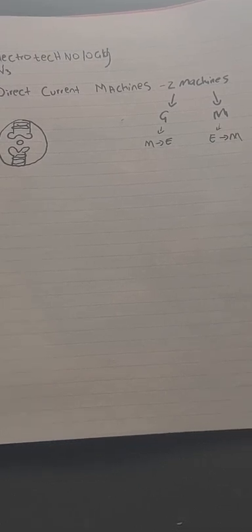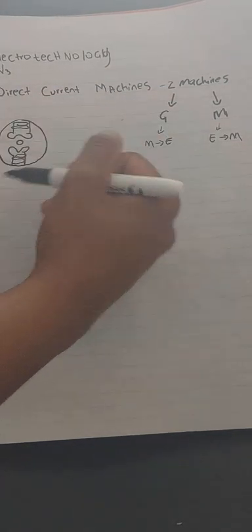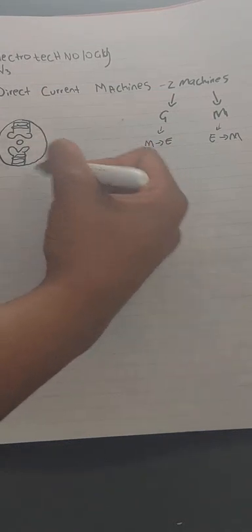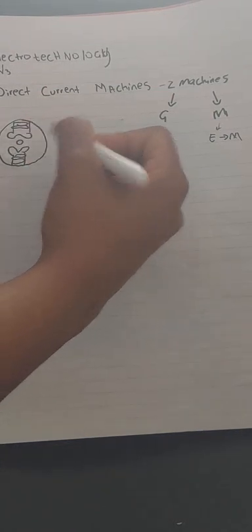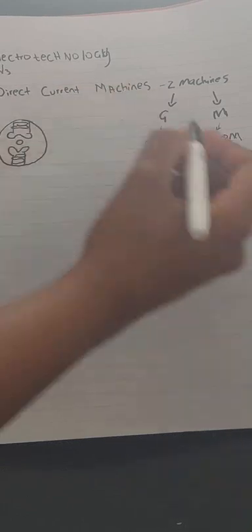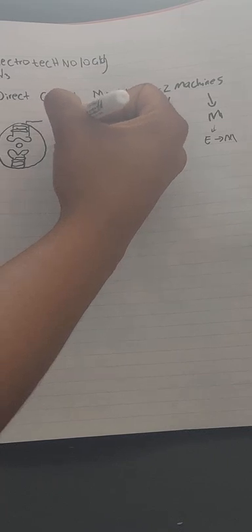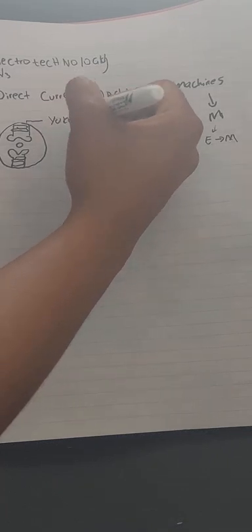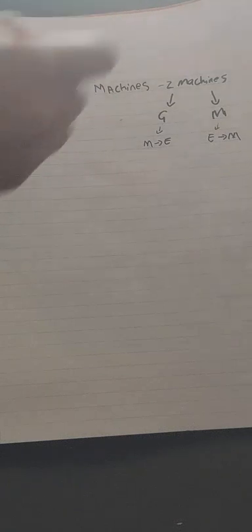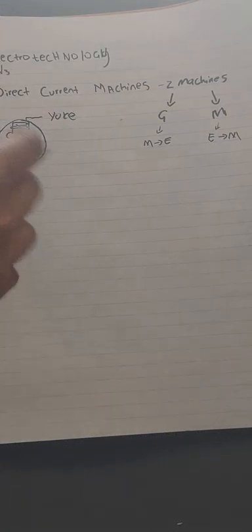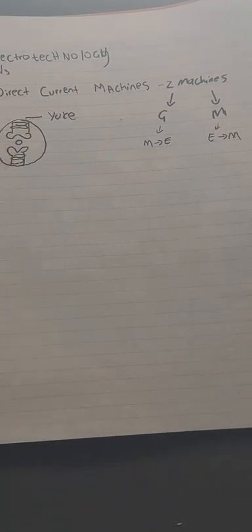Okay guys, talking about direct current machines in N3, you're going to have to know about the functions of the parts of a direct current machine. This is the simple form of a direct current machine. It includes a yoke. A yoke is this structure, the outer structure.